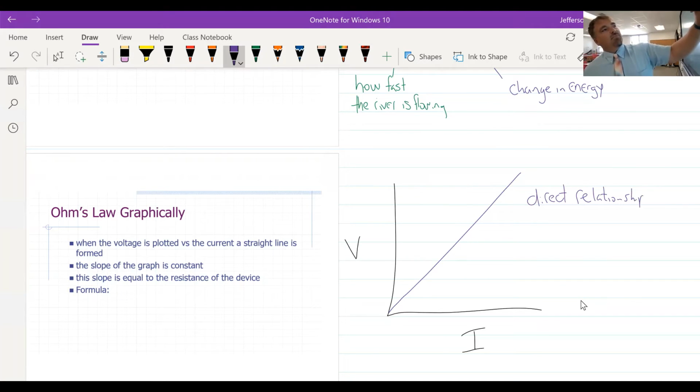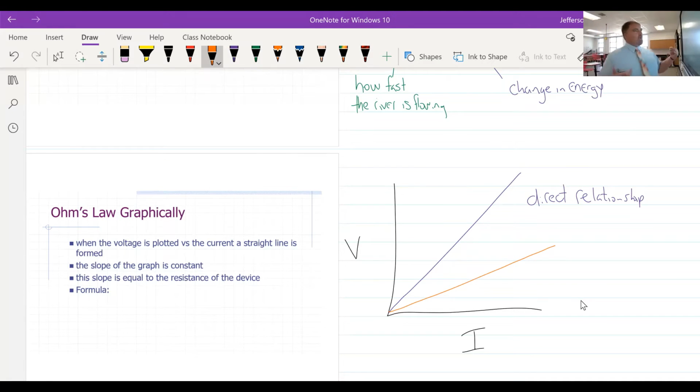Well, if you had something that had more resistance, it would have a smaller amount of current change when you increase the voltage. And so I'm going to put another graph here. This would be, oh, my voltage went up, but my current didn't go up as much. Or vice versa.